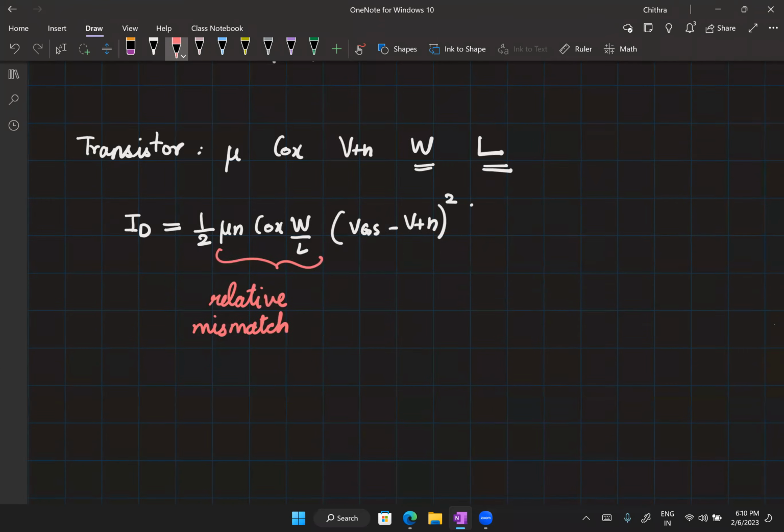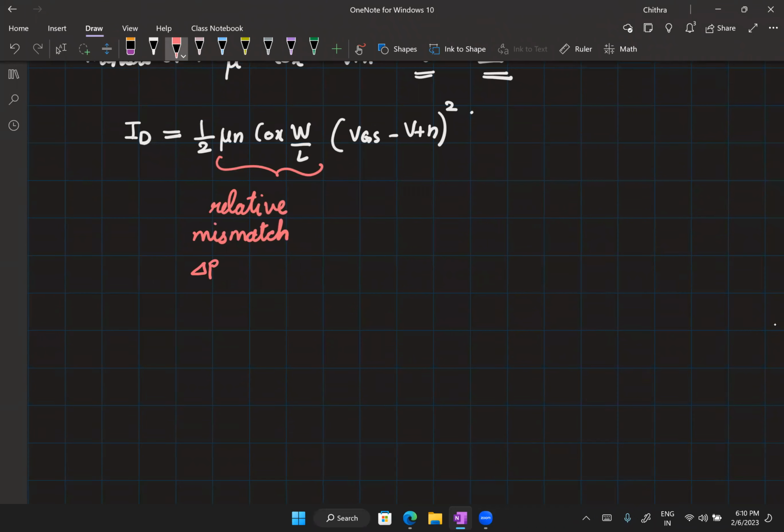That is, we are looking at it as some delta beta divided by beta. Now the variation in VTH, we usually deal with in terms of absolute mismatch, and this is some delta VTH.